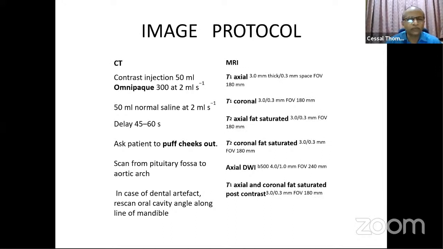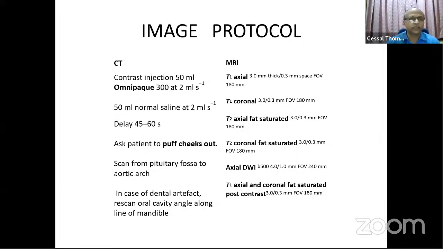First contrast is given, followed by saline, and then you ask the patient to do one maneuver, that is puffing the cheek out. That is very important to distend the vestibule. We are scanning from pituitary fossa to aortic arch. If some artifacts are there from the dental amalgam, then you can rescan along the line of the mandible. In that case, these artifacts may get reduced.